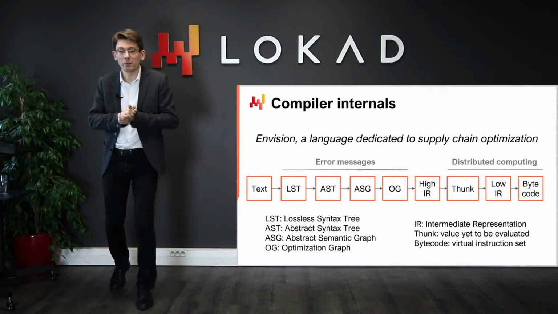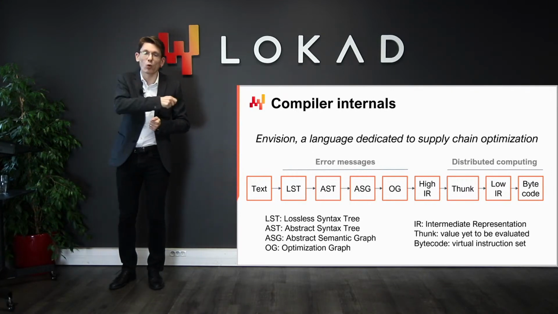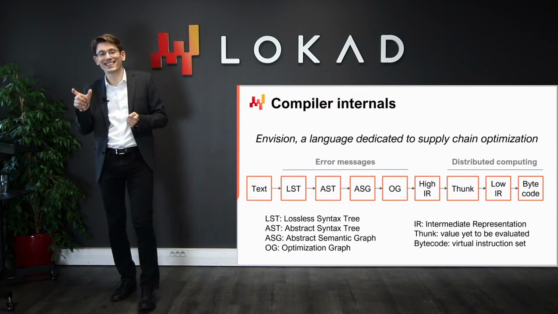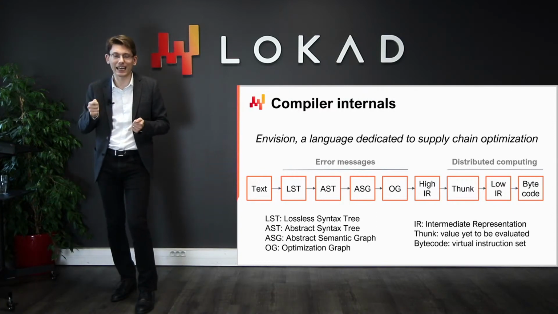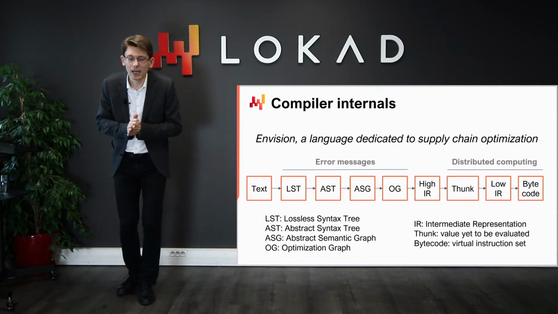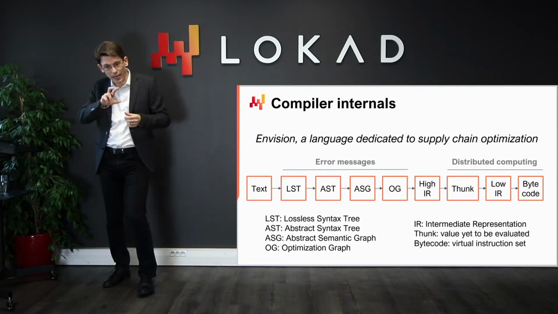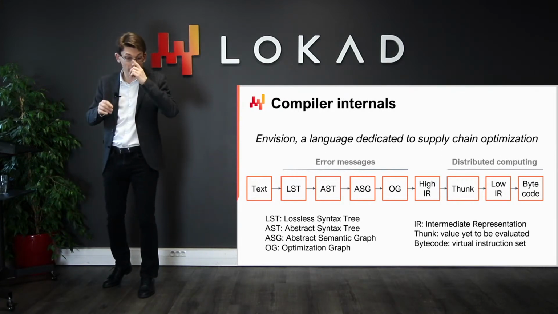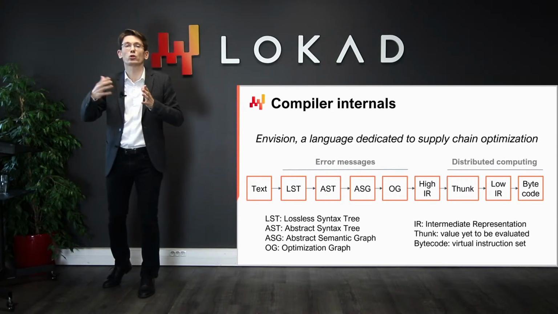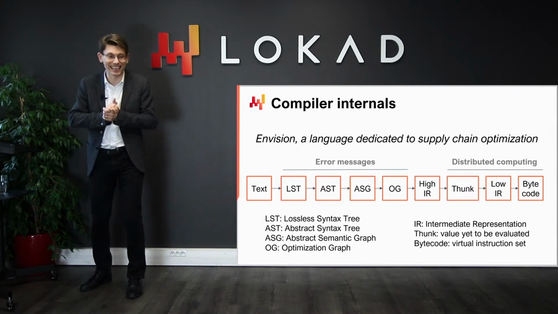For example, in Python, if you write x += 1, it is a syntactic sugar. It is strictly equivalent to x = x + 1, but it's just more concise. Essentially, the += syntax is just a sugar. And there is a stage in the compiler where we remove all those sugars. And this is, at Lokad, happening between the LST and the AST dominantly.